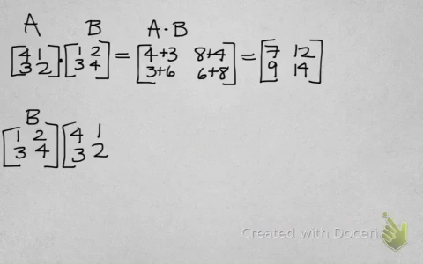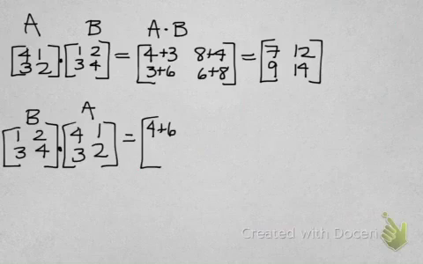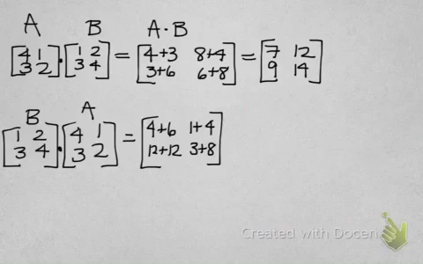Now, if we do B times A, we'll start with the first row, first column. So 1 times 4 plus 2 times 3. We'll do the first row, second column, which is going to be 1 times 1 plus 2 times 2. The second row, first column, 3 times 4 and 4 times 3. And second row, second column, 3 times 1 and 4 times 2.